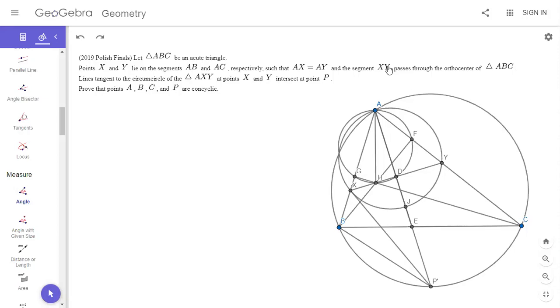Let's see. Could we try power of a point and then determine ratios of similar triangles? What would you like to use power of a point on?